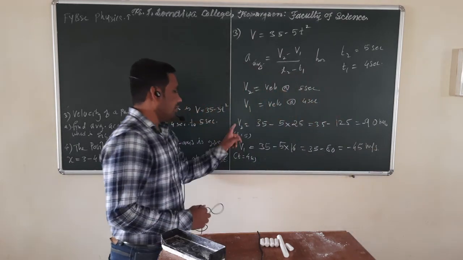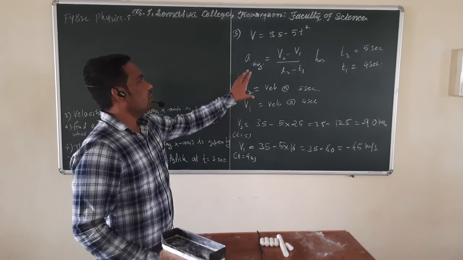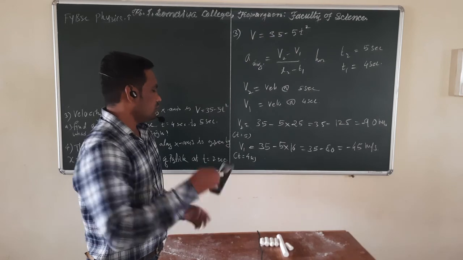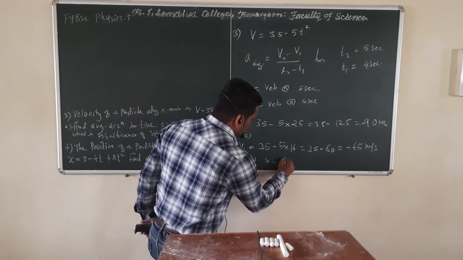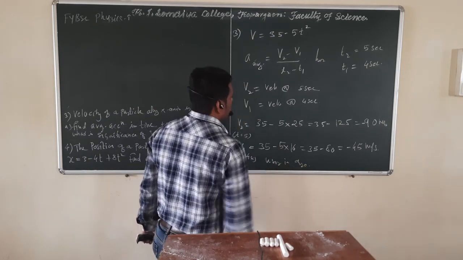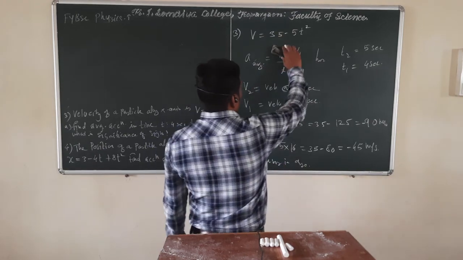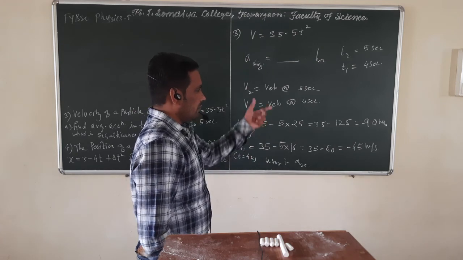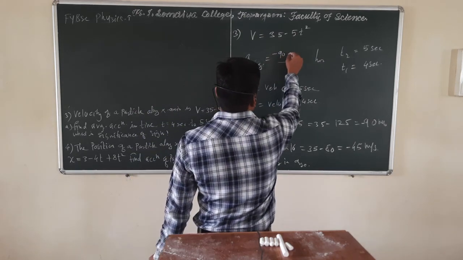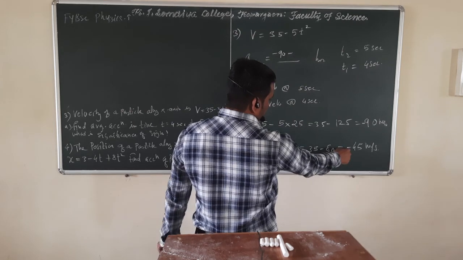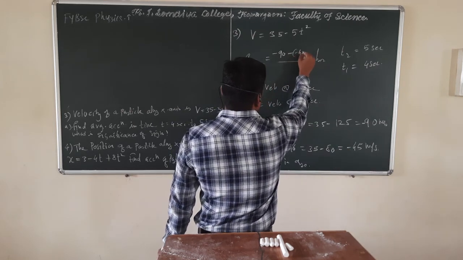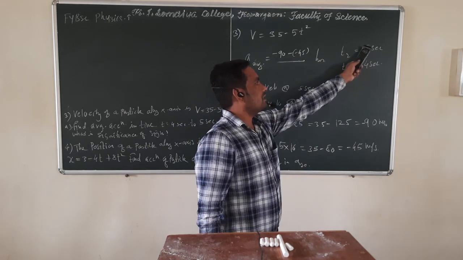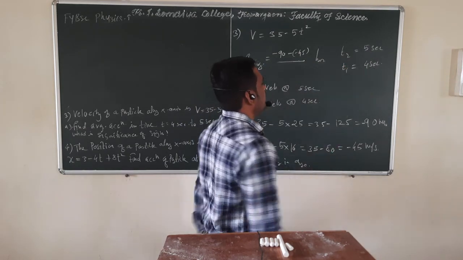So here we have v2, here we have v1. Now put this in this equation to find out average acceleration. So using the average acceleration equation, we will get average acceleration is equal to v2 minus v1, which means minus 90 minus minus 45, divided by the subtraction of t2 minus t1, which is 5 minus 4.